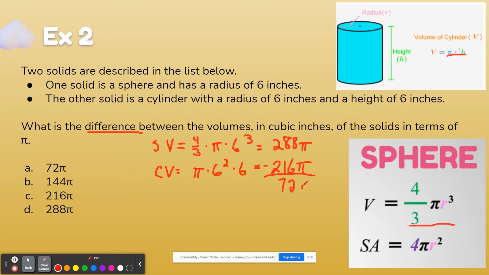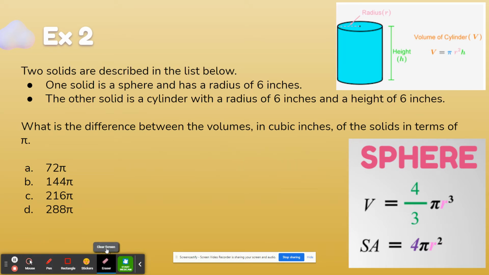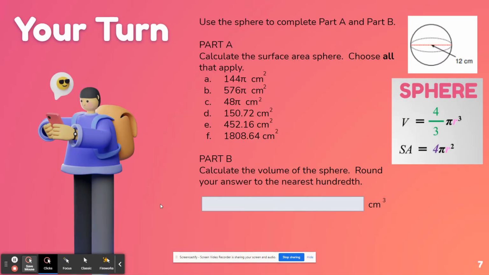And pi stays with it. And so we can see that A is a nice choice there. We're going to go ahead and go on to the next problem.